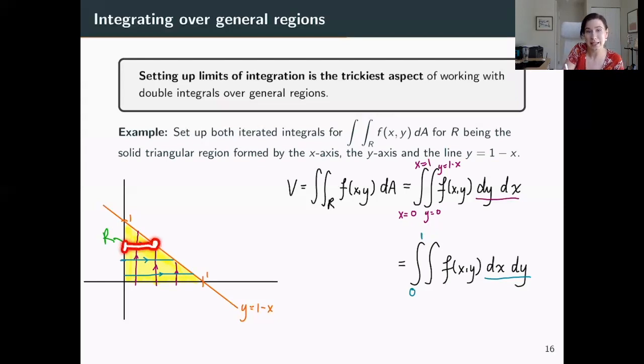In order to get to this point, it's on the line, and we can use the fact that the curve is y equal to 1 minus x, but this is the same as saying that x is equal to 1 minus y after we move things around. And so my x is going from 0 all the way to 1 minus y, giving me the limits of integration of 0 to 1 minus y.